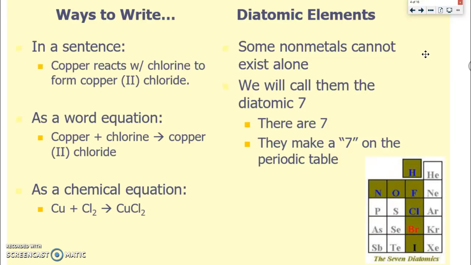They start at element number 7, nitrogen, and they make a 7 on the periodic table. So they're N, O, F, Cl, Br, I, as well as H. If you see something say just chlorine or just oxygen or just nitrogen by itself, it's going to be N2 or Cl2 or H2, and so on and so forth.